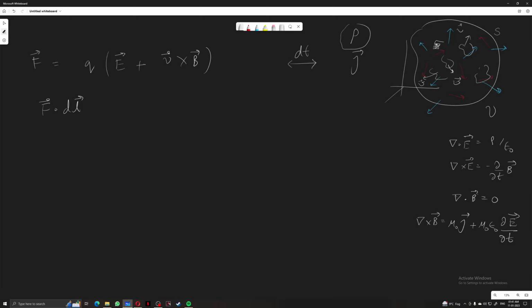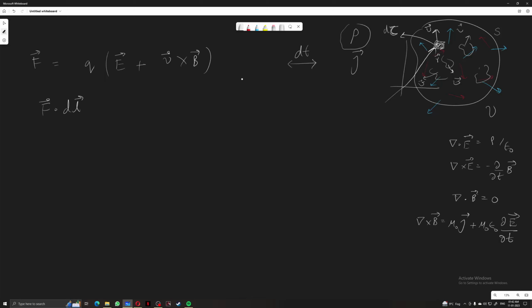Now dl is the little displacement covered by this little section of charge. If I make this little volume, and I call it d tau, and it is moving with some velocity v, this is my r vector which is pointing. There is some electric field at this point, the blue vector, and there is maybe some magnetic field as well.